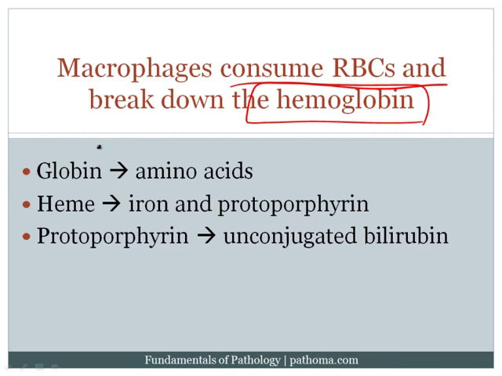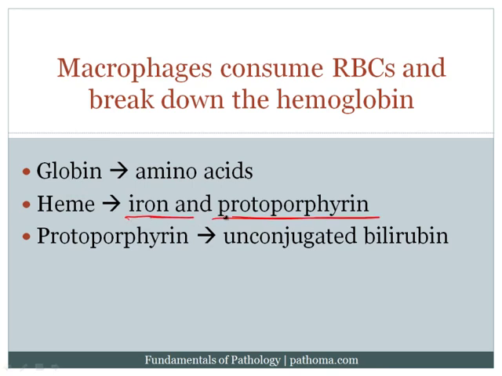The globin, which is made up of amino acids, a simple protein, is broken down into amino acids. The heme, which is composed of iron and protoporphyrin, is broken down into iron and protoporphyrin. The iron is recycled by the body, and the protoporphyrin is subsequently broken down into unconjugated bilirubin.